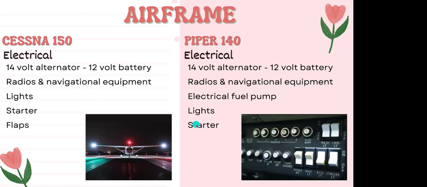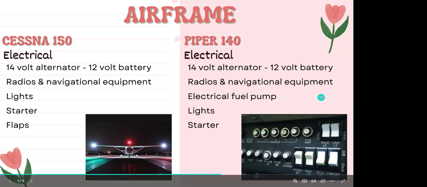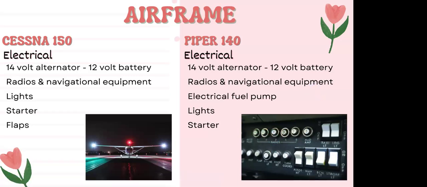And in both of these aircraft, we have our fuses and buses, more commonly referred to as circuit breakers, which is what these are here on the bottom right. And I'm sure you've seen them in both of those aircraft. And those are sending selected power to each of those systems.